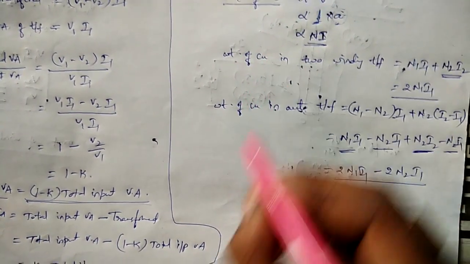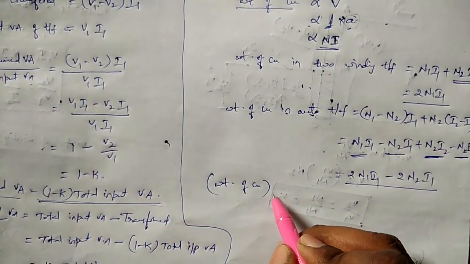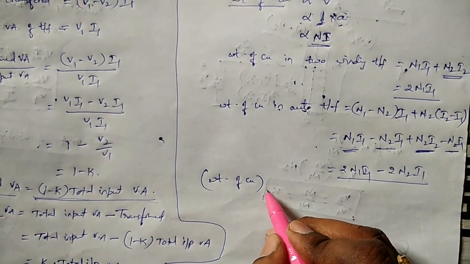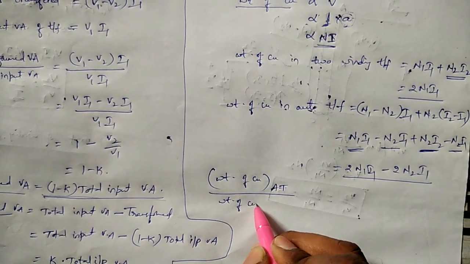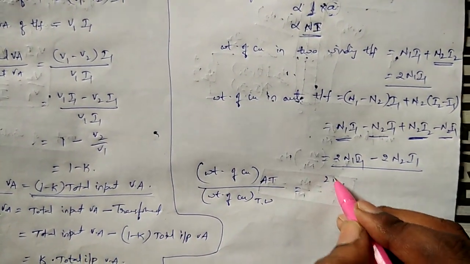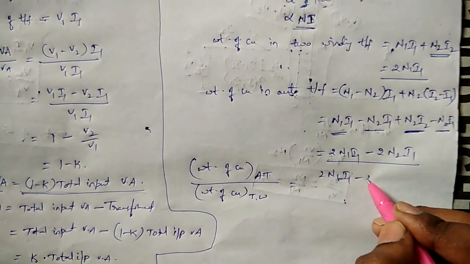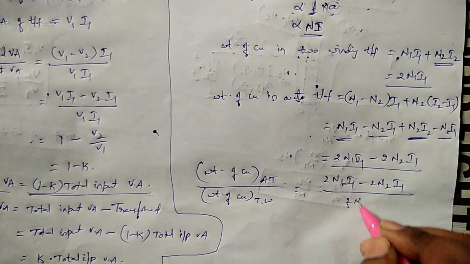Now you divide these two. That means weight of copper in the auto transformer divided by weight of copper in the two winding transformer is equal to 2 n1 I1 minus 2 n2 I1 divided by 2 n1 I1.